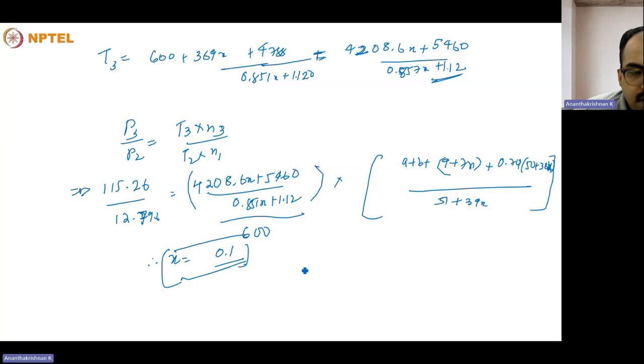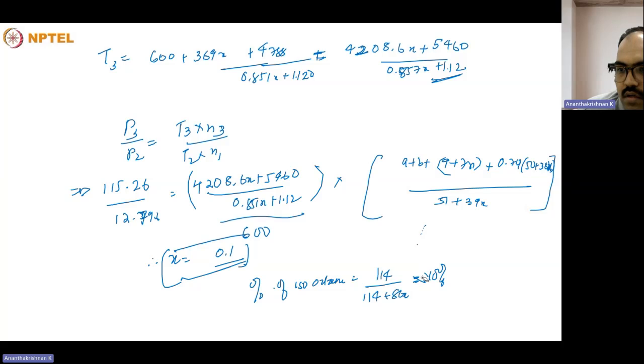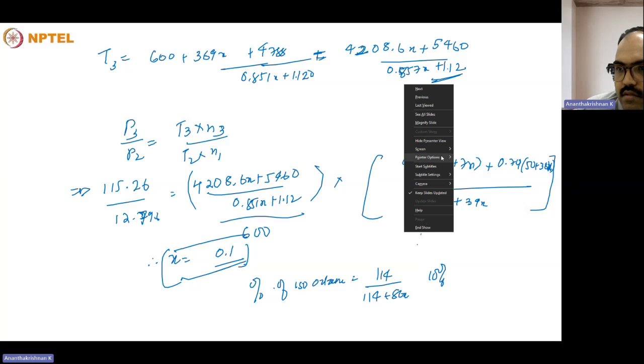From that we can get the percentage of iso-octane equal to 114 divided by (114 plus 86x), into 100 percentage.